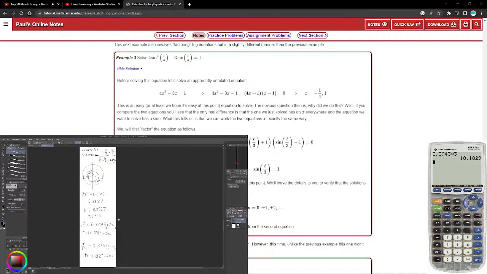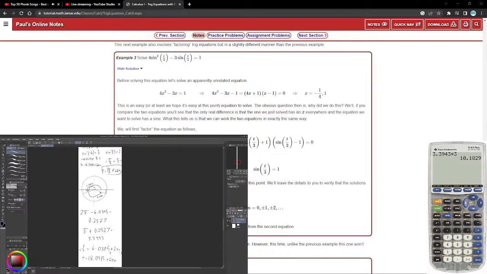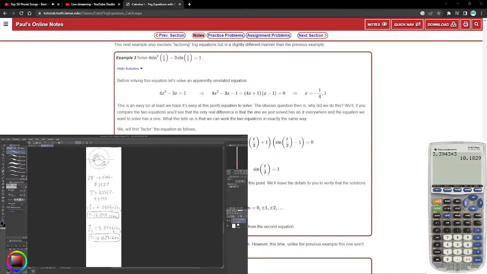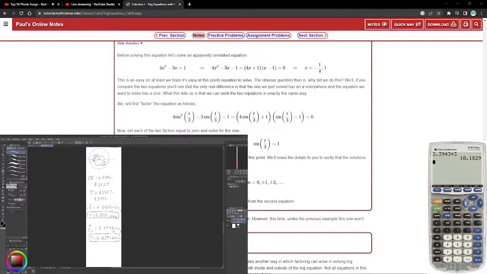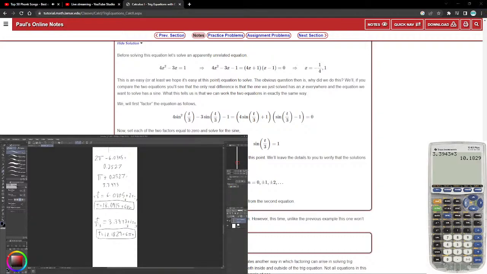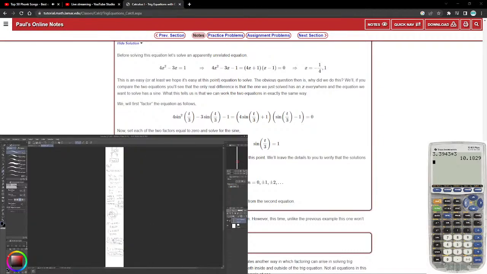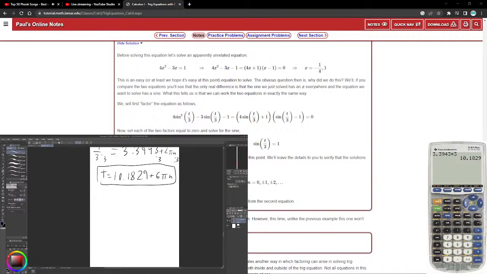And I think those are all my answers. Yeah, the other one's all the way up there. Check that one already. So 18.0915 plus 6 pi n, 10.1829 plus 6 pi n, and I already checked it, but t equals 3 pi over 2 plus 6 pi n. And that is example 3 done.